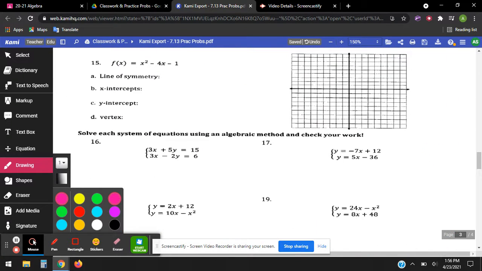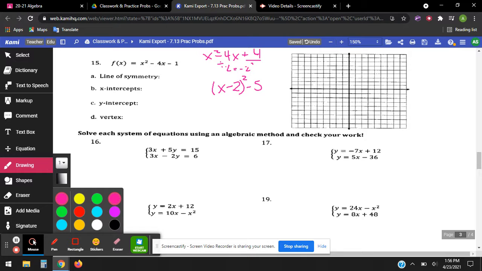Next one. x squared minus 4x minus 1. Okay, line of symmetry. So x squared minus 4x plus, divided by 2 is negative 2 squared is 4. And I've got to get down to a 1. So it's (x minus 2) squared, 4 would be minus 5. Right?